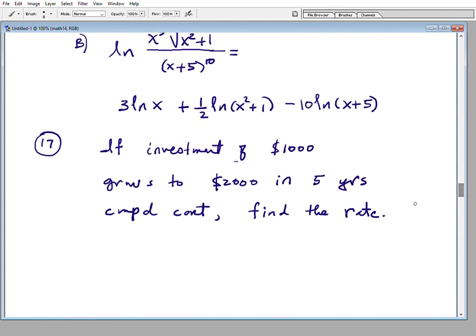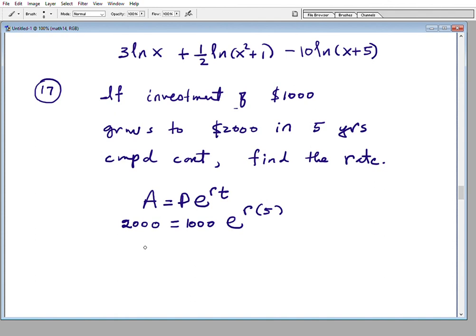Okay, so first write down A equals P e to the rt, and then just start filling in. So we have $1,000 for P, and it grew to the amount $2,000. We want to figure out r, and the number of years is 5. All right, so divide by 1,000 first.